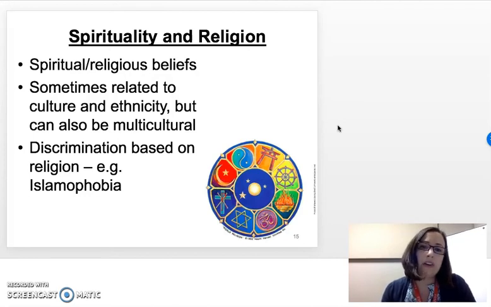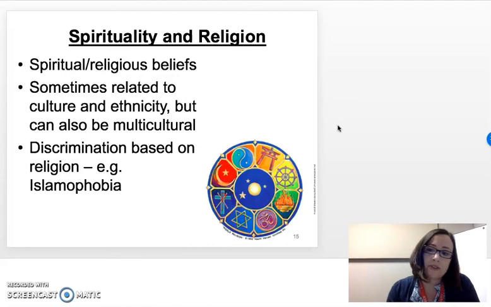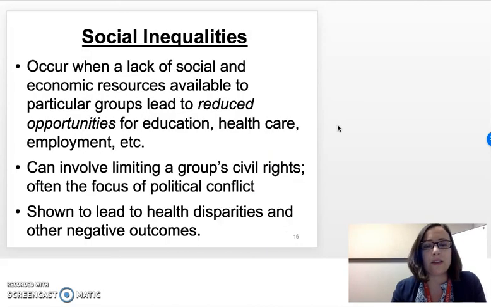So we need to be very careful about making generalizations and assumptions about members of a particular faith or religion based on the actions of so few people, right? They do not represent what it means to truly be a member of that religion. Because unfortunately, we are still seeing lots of acts of discrimination, so that's one thing to consider there.